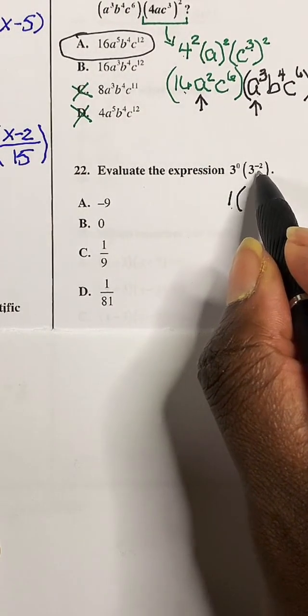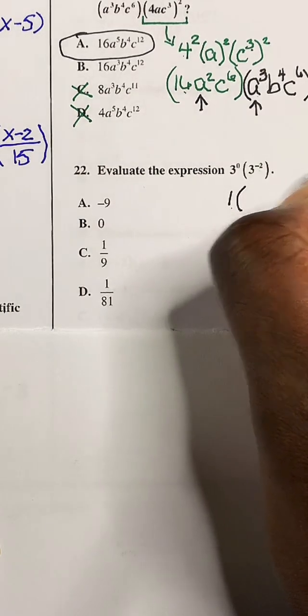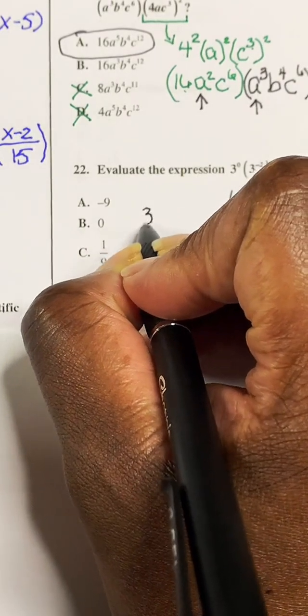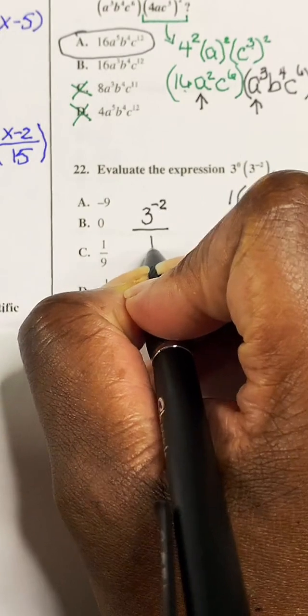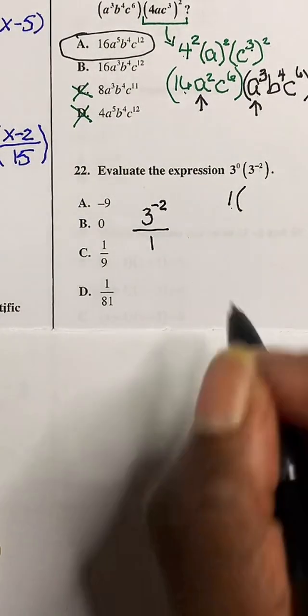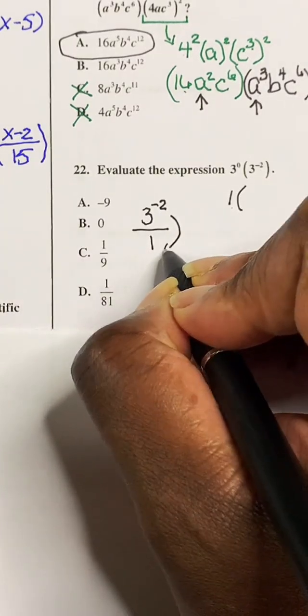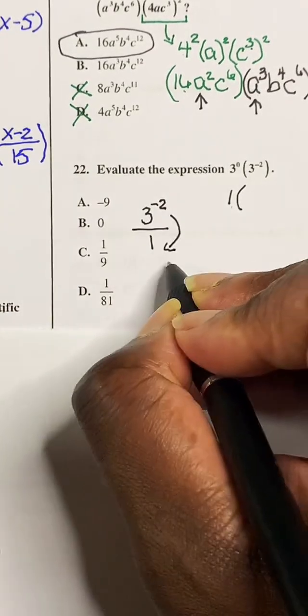Now, we have a negative exponent. So if we look at any kind of whole number, I'm going to put it over here. Any kind of whole number is always over 1. Now, when you have a negative exponent, in order for you to make it positive, it has to switch. If it's in the bottom, it's going to the top. If it's on top, it's going to the bottom.